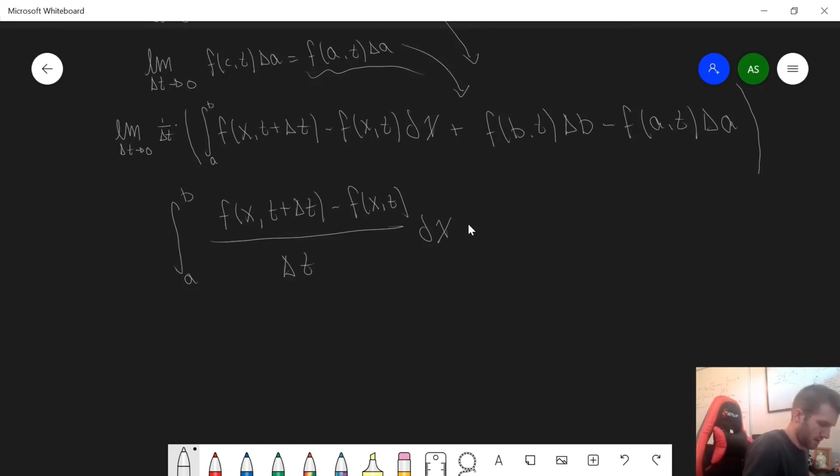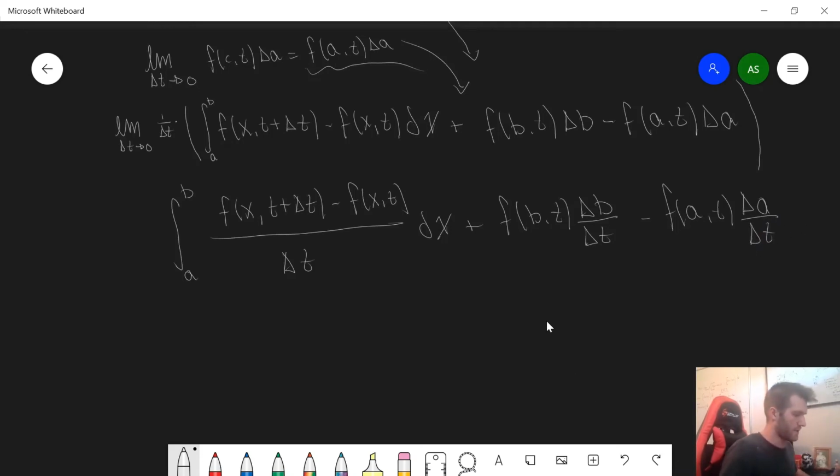And this is added to our function of b comma t, where we have delta b over delta t, minus our function of a, oops, that's not an a, of our a function or variable and t, times delta a over delta t. Okay, I said I was going to evaluate the limit.